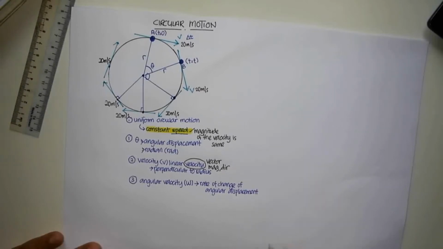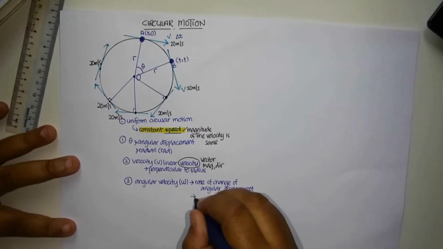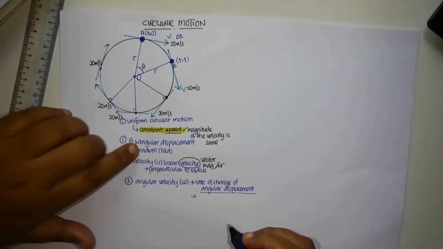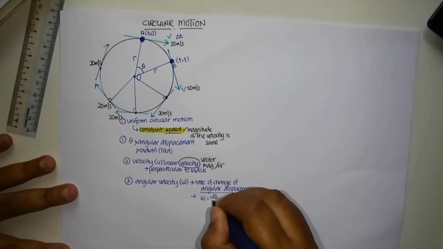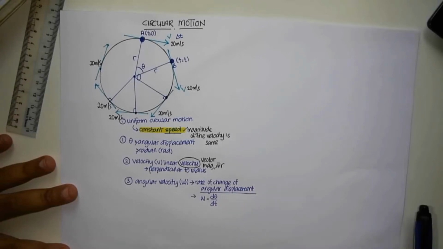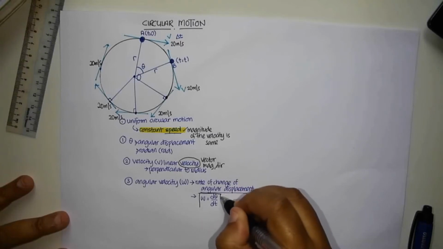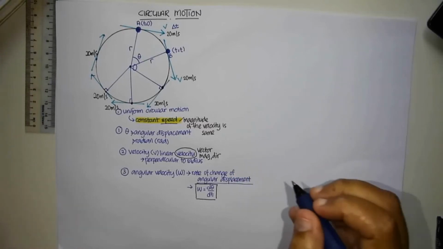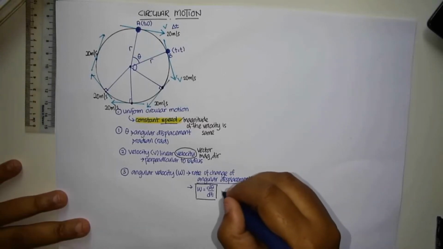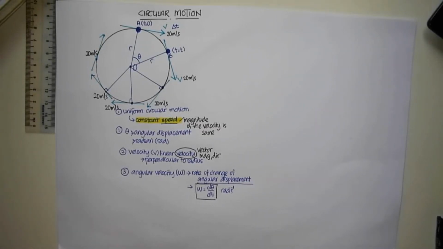Angular displacement is theta, so omega is equal to d theta over dt. The unit for omega will be, theta is in radian, t is second, so it will be radian per second. Now omega has another 2 units.